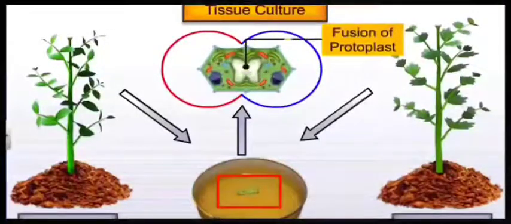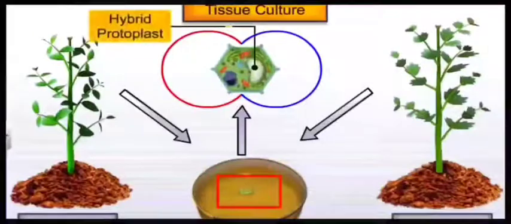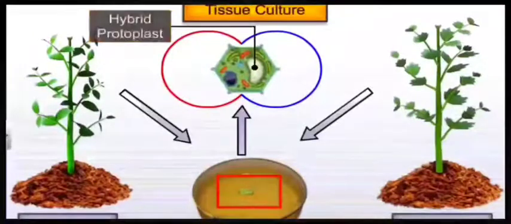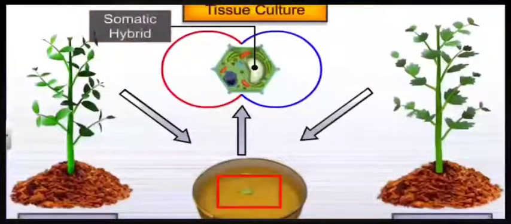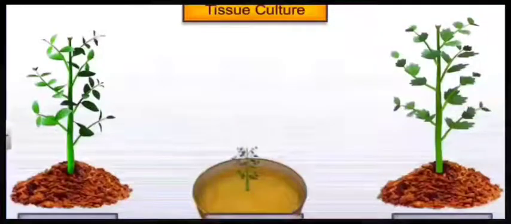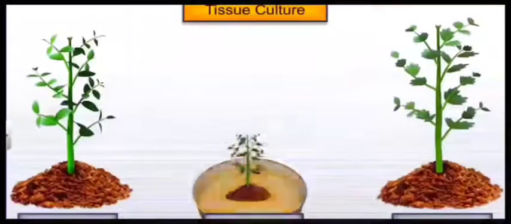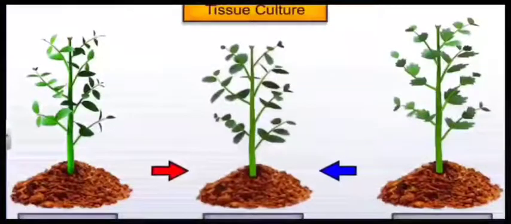And the plant which is produced is a somatic hybrid, which has the properties of both types of plants. So this method of developing somatic hybrids by tissue culture is called somatic hybridization.